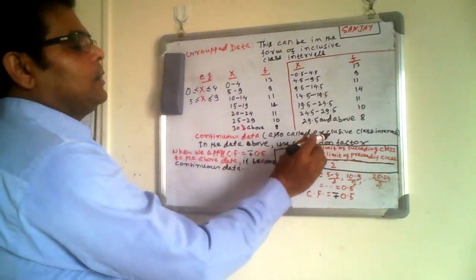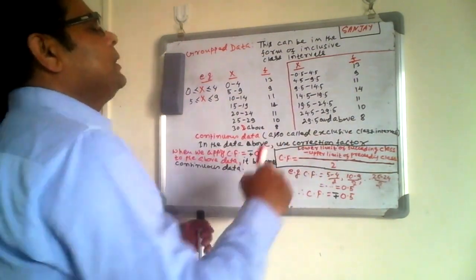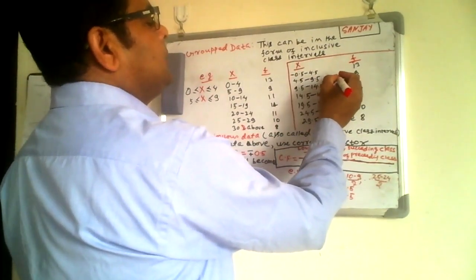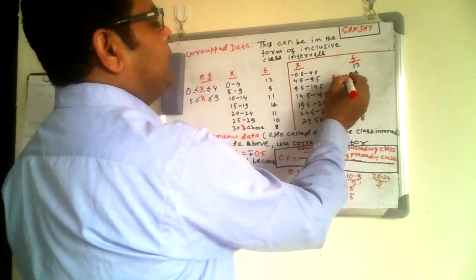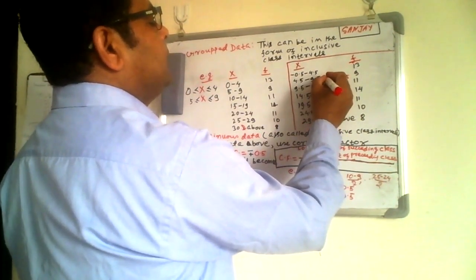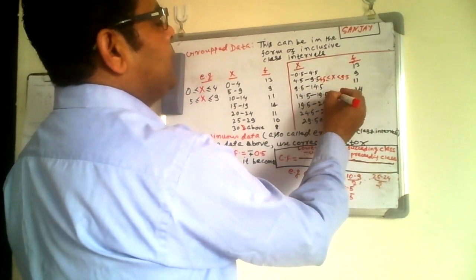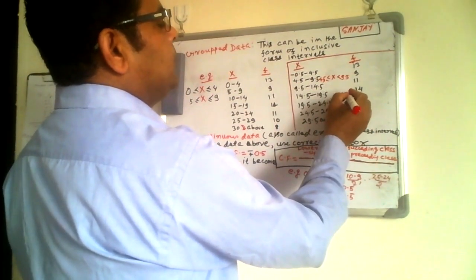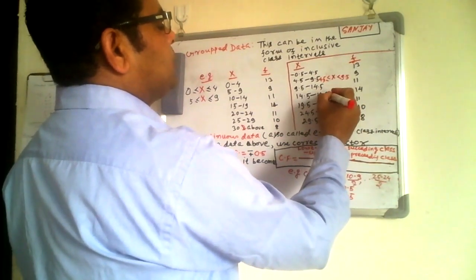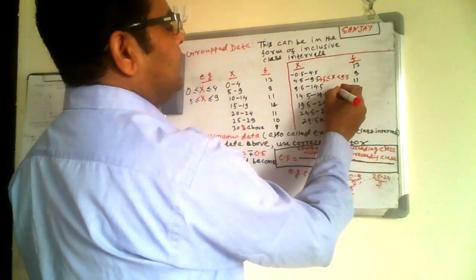This is also called the exclusive class interval. For example, if I am talking of this class interval, you can see x is less than 9.5 but bigger than or equal to 4.5. Similarly, for another class, x is less than 19.5 and bigger than or equal to 14.5.